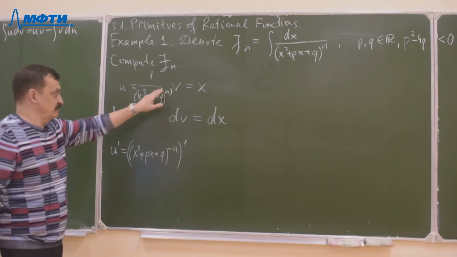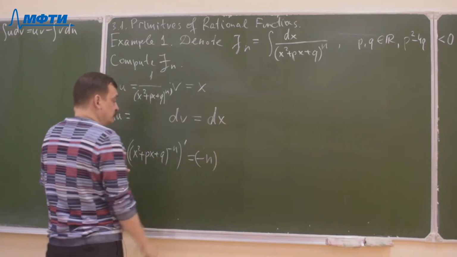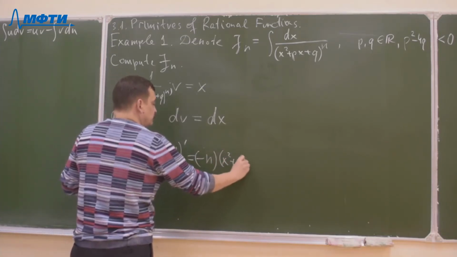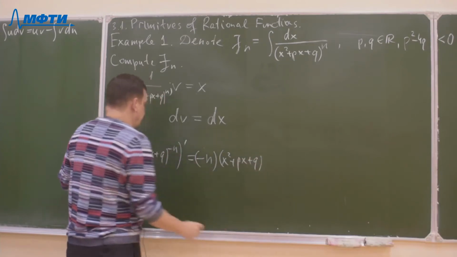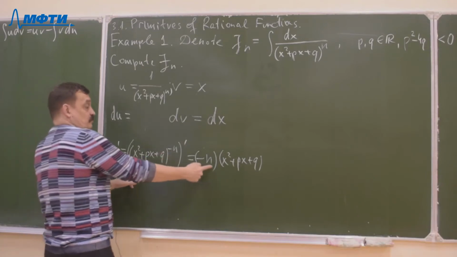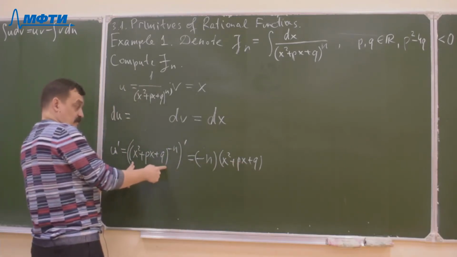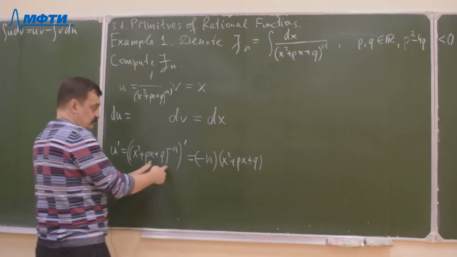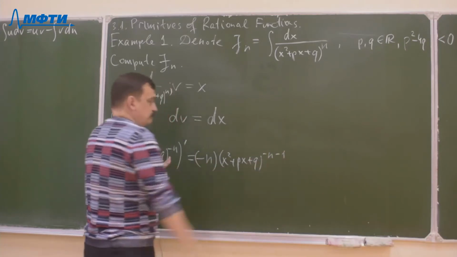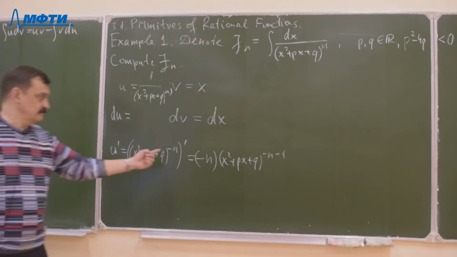By the chain rule, firstly we write the derivative of a power function: power times the base raised to a power one less than the original.